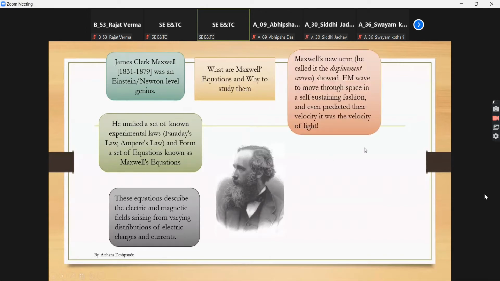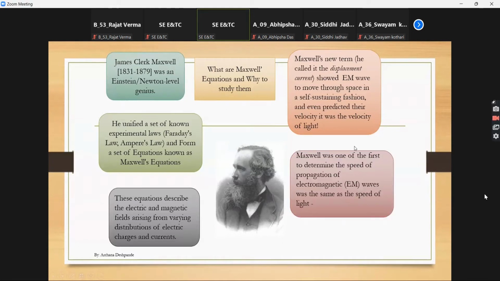Another contribution of Maxwell is the displacement current. He mathematically proved that the EM wave can sustain in a medium which does not have any charges. He also predicted that the velocity of this EM wave is going to be the velocity of light. This particular contribution of Maxwell is very important, and it leads to wireless communication.